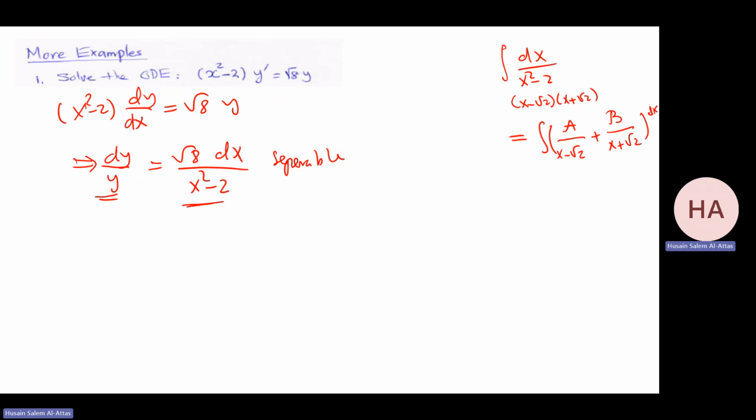I'm getting 1 over 2 square root of 2. Here, I substitute minus square root of 2. So I have minus 1 over 2 root 2. So I'm getting 1 over 2 root 2. What is 1 over 2 root 2? It's 1 over square root of 8. Yeah, because of that, we have square root of 8 here. So it will make it constant.